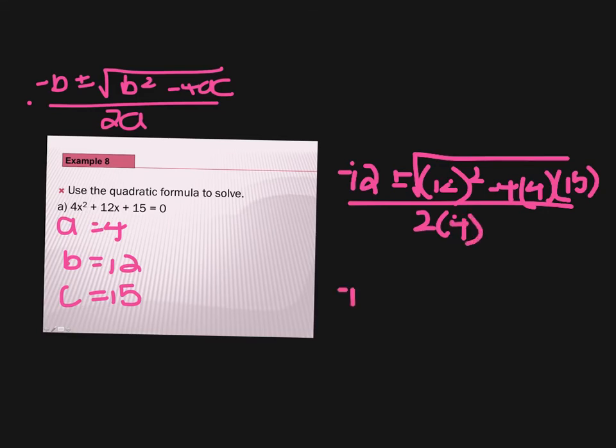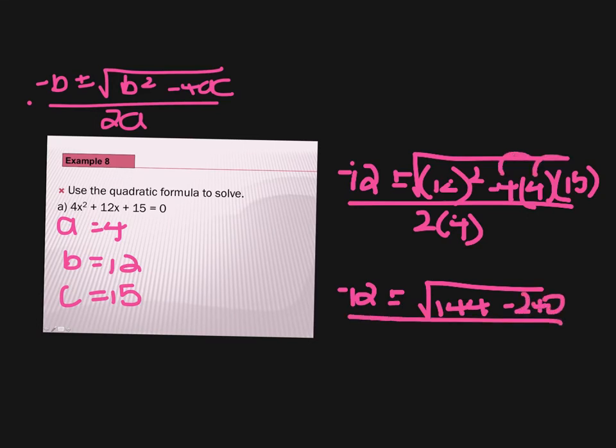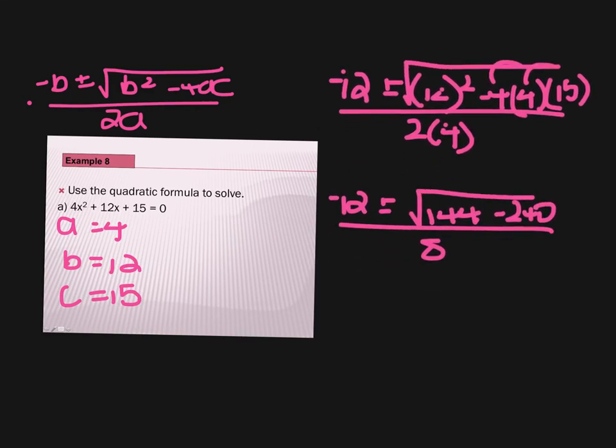So I get negative 12 plus and minus the square root of 144 minus, this is 60 times 4, 240, all over 8. And then negative 12 plus and minus the square root of negative 96 over 8.